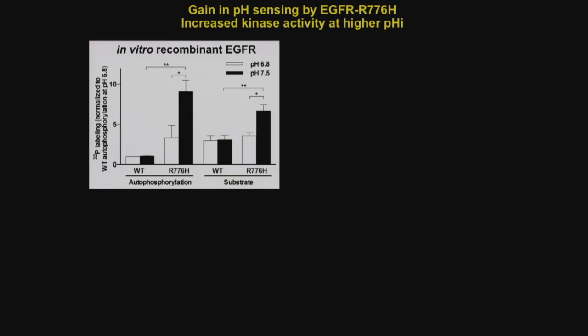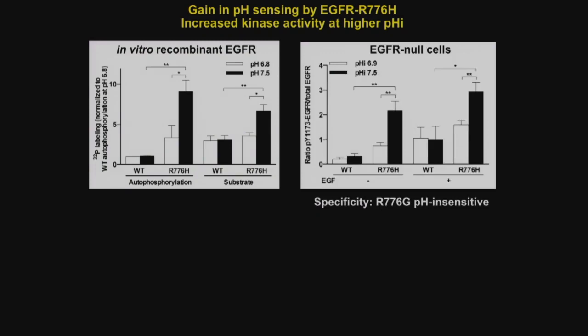And so we went on to confirm a gain in pH sensing by the mutant with increased kinase activity at a higher pH. We did that with recombinant EGF receptor, showing both autophosphorylation is higher at a higher pH, as well as substrate phosphorylation. But the wild-type receptor is pH insensitive. We showed it also in cells by expressing EGFR again, but this is specific to the histidine mutation.